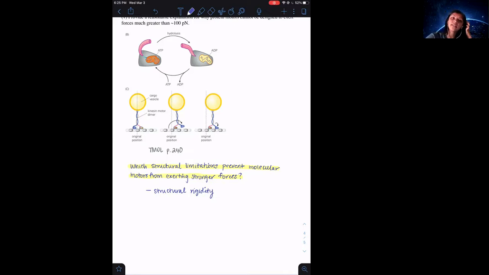Yeah, so basically the reason that they're not able to exert stronger forces in the first place is that if they were to use more energy to exert these stronger forces, that would be prevented by the structural rigidity of the protein itself.